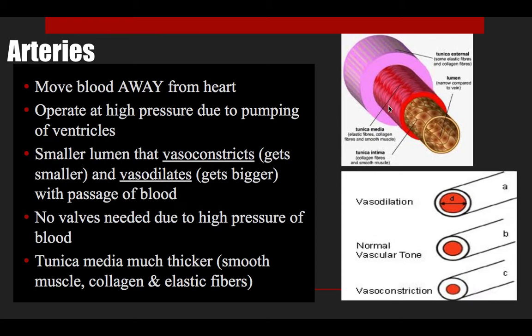And then once again, the tunica media, this smooth muscle layer, is much thicker, and it will contain collagen and elastic fibers that further reinforce the strength and structure of the tunica media. And that is to ensure that the blood vessels are able to constrict and dilate appropriately so that you're directing the right amount of blood flow to different parts of the body.